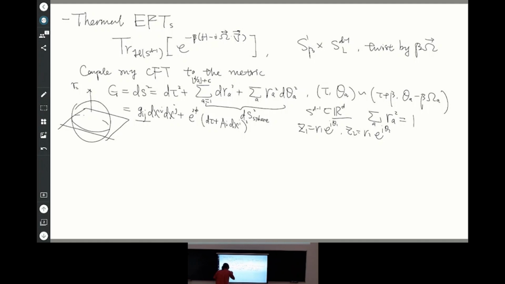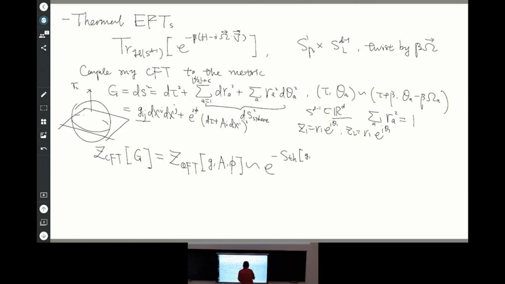What this means more concretely is, before the compactification, I have my partition function for the CFT, which is the same as a partition function of the D minus 1 dimensional quantum field theory, which depends on, of course, all the background fields. And then I should be able to write down an effective action, which I call S thermal. And then the effective action depends only on the background fields.